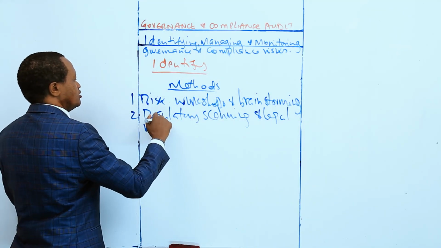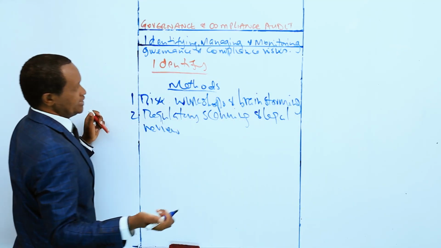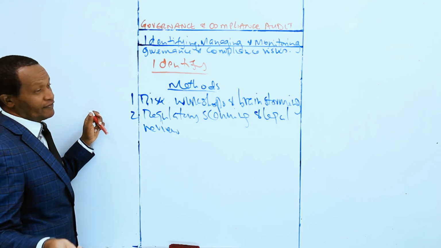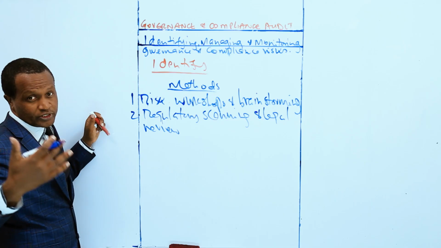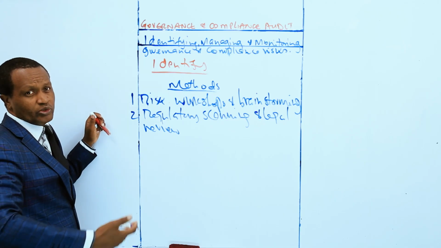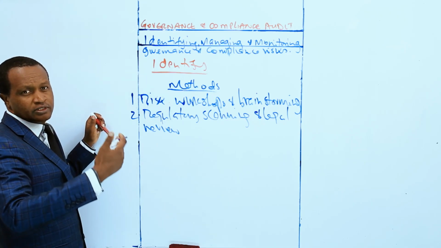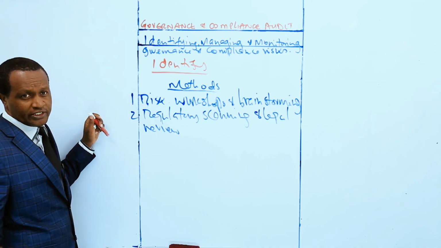That's another way to identify governance and compliance risks. That is to mean establishing a process to continuously monitor changes in laws, regulations, and industry standards relevant to the organization's operations.